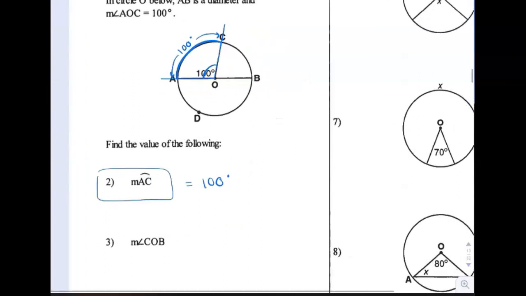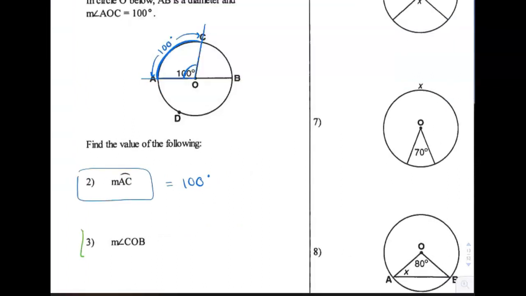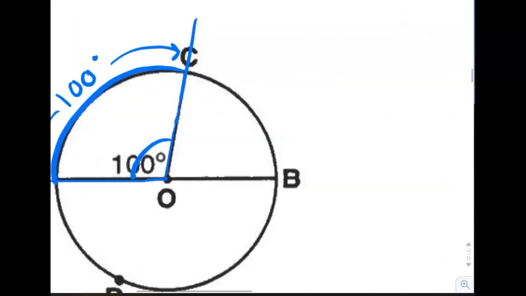Number 3 says angle COB. Angle C to O to B. Well, if this side's 100, then that side must be 80, right?